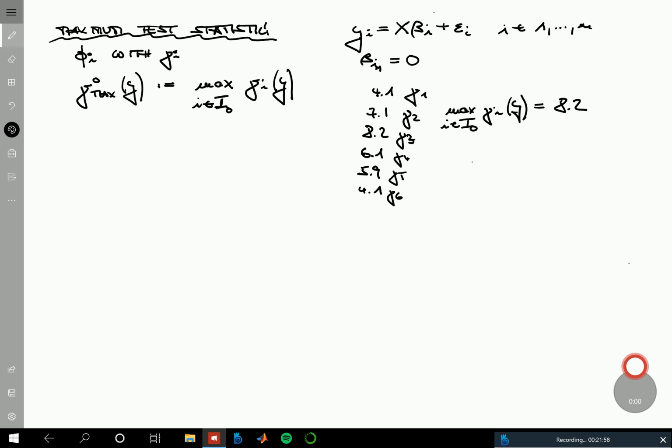Then, of course, each time you get different values for the t statistic, but one of them will always be the largest one. And the question is now, what is the distribution of this? This would be the question for random field theory, but we already use this distribution now, namely in the following way.